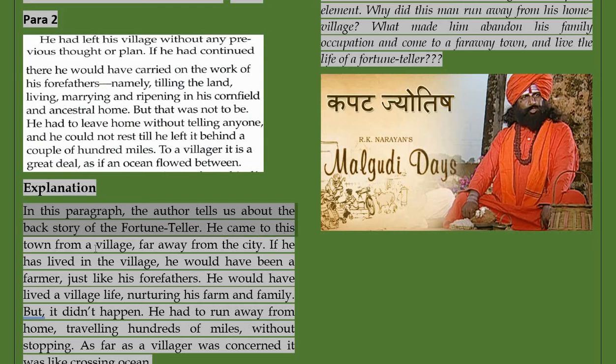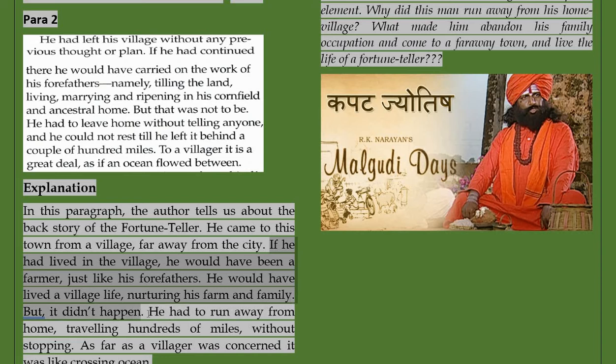He came to this town from a village far away from the city. If he had lived in the village, he would have been a farmer, just like his forefathers. He would have lived a village life, nurturing his farm and family.